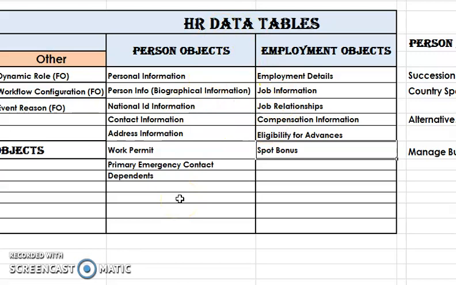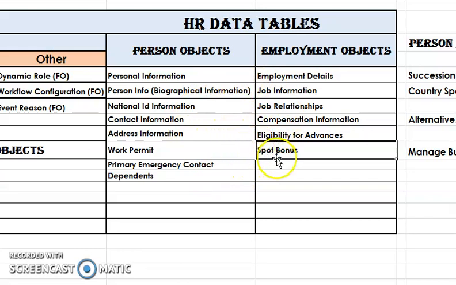Okay. If we speak about the configuration part, before 2015, in order to configure these objects, we have to configure these by using the succession data model and country specific succession data model.